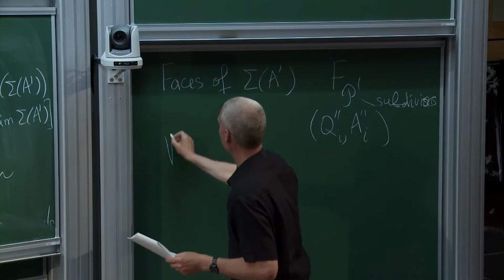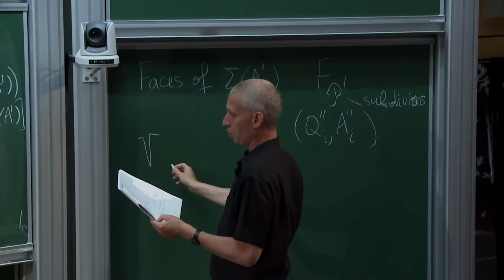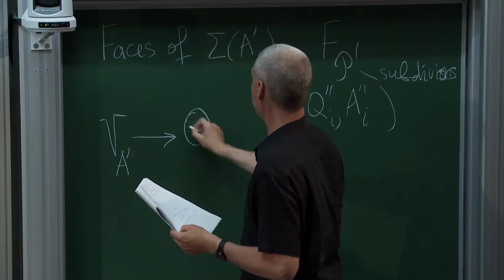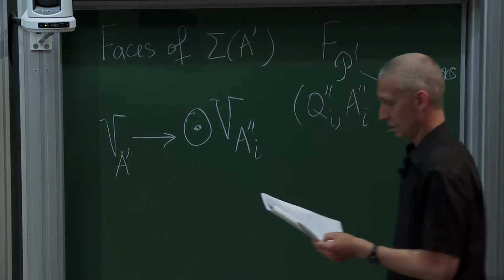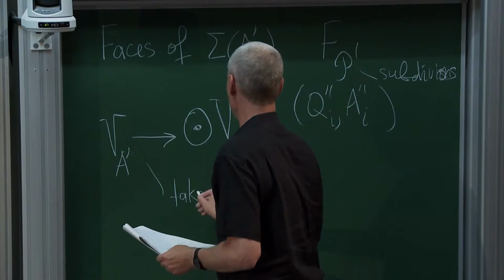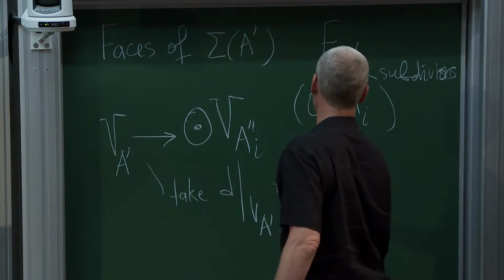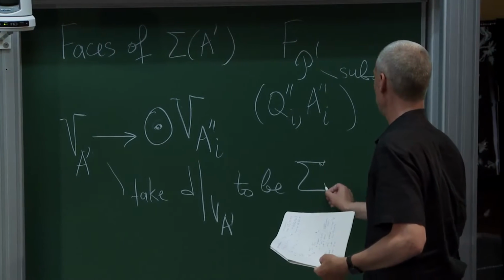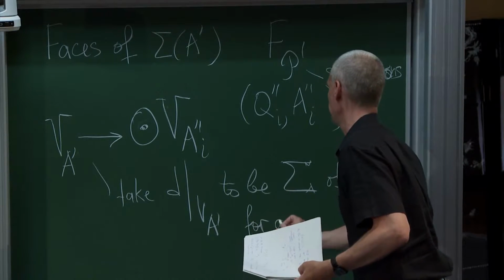So what happens is this: the part of the differential of the chain complex of the secondary polytope goes from V_A prime to the symmetric product of the V_A second i. So we take the differential on V_A prime to be the sum of those for all faces of codimension 1.